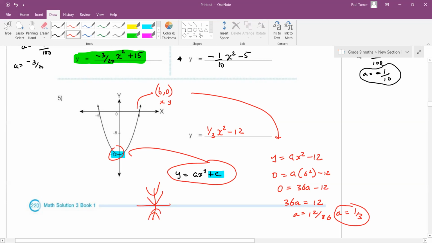Any graph like that will have this form here, where A is either positive or A could be negative down here. So this is the form we use when we have this kind of graph. Next week, when we have, say, this graph, HK, we'll do it a little bit differently, but it's the same idea.